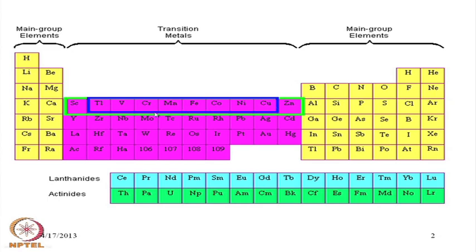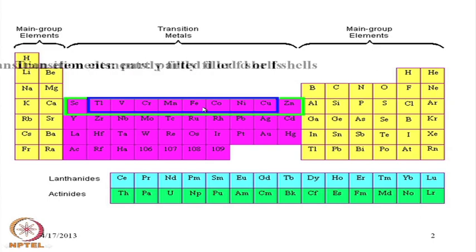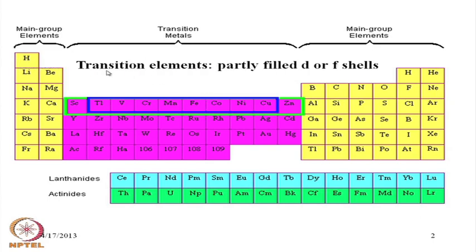So, by definition we cannot consider them in this ionic form, that means in some oxidation state, bivalent or trivalent, as containing unpaired electrons in the d levels or the d orbitals. So, the basic definition we can consider for these transition elements which are responsible for the formation of metal complexes is that they should have partly filled d or f shells.